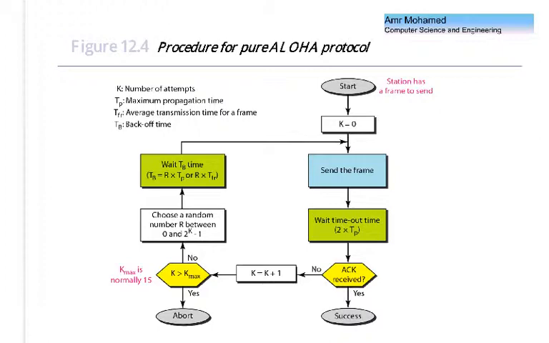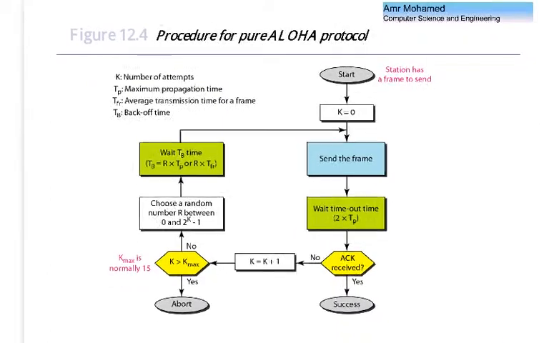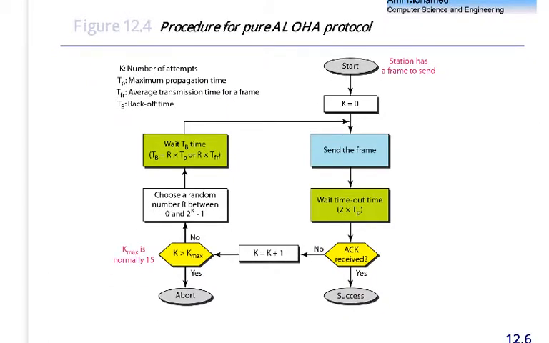So as a quick review of the last lecture, we started talking about the pure Aloha protocol. And as we discussed, we start the transmission of one single frame by setting the k value to 0, and then we send the frame and we wait for the acknowledgement, which indicates whether or not we have a collision.